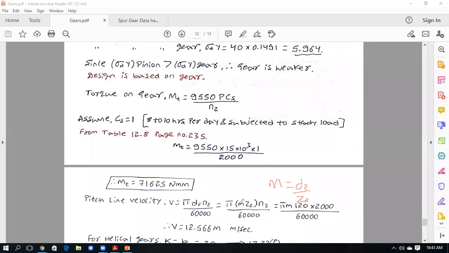M is not given, you need to calculate that. Substitute m into z2, and similarly n2, the speed of the gear, is calculated as 2000, substitute that. Therefore velocity we get as 12.566 m. In this case m is unknown. Therefore velocity is 12.566 m meters per second.